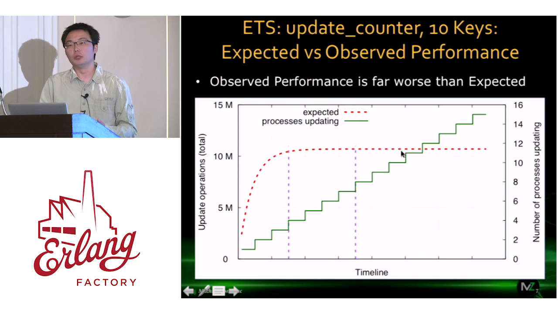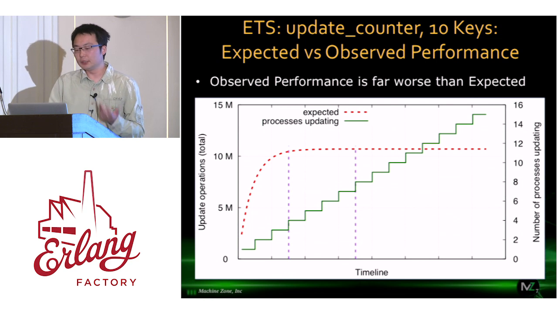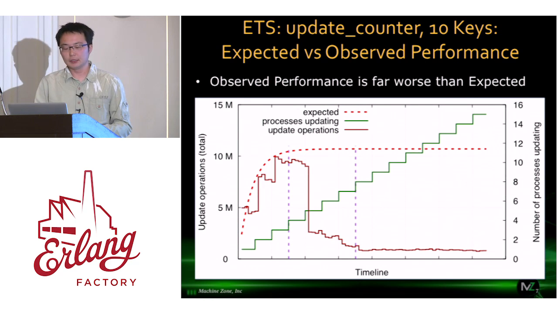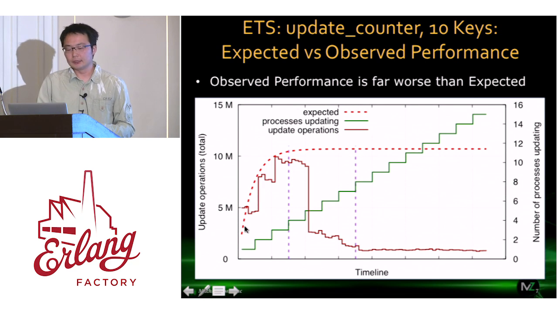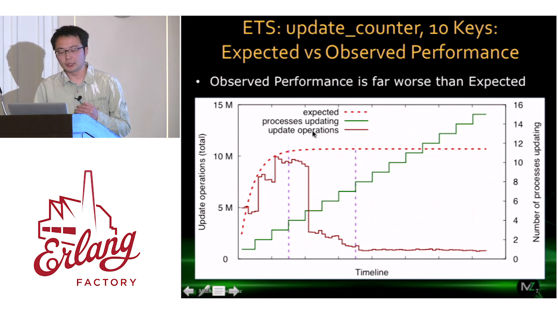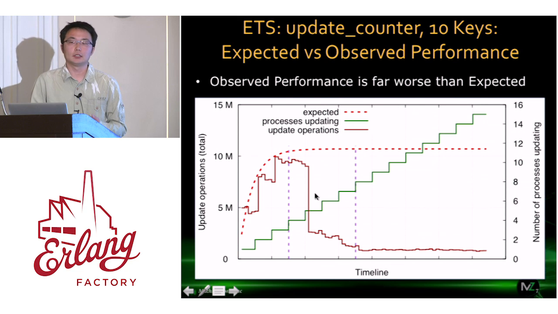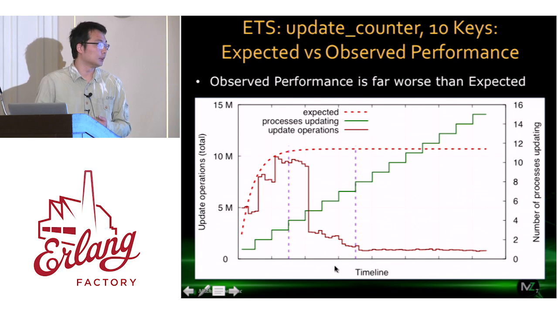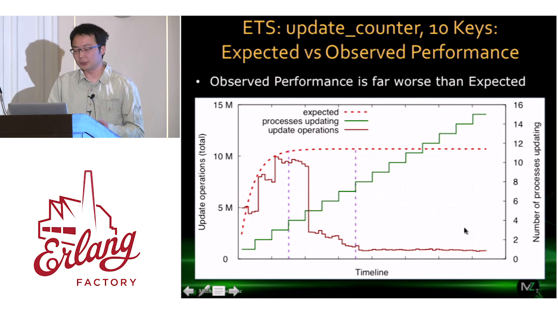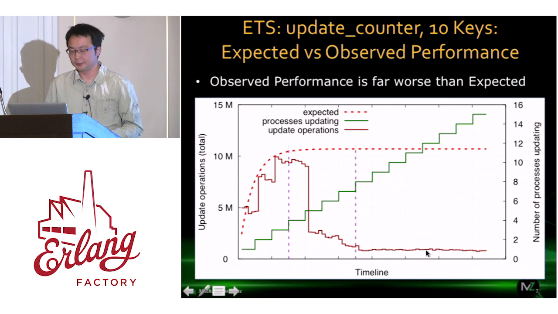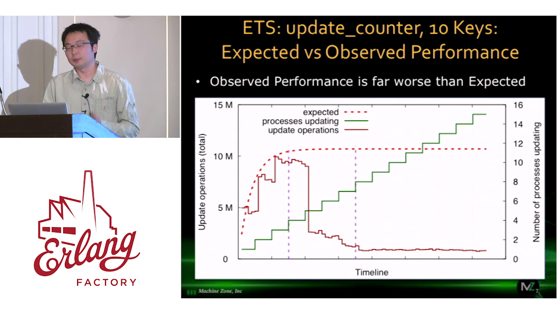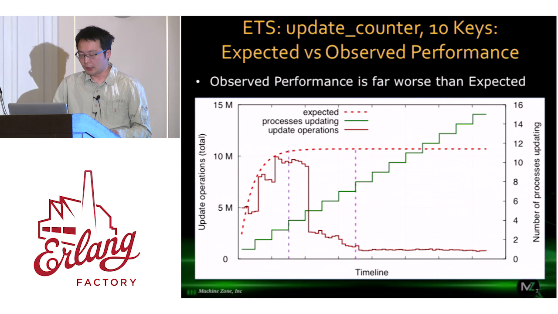And when we really ran the test, we got a result like this. As the number of processes increases, it goes steadily up, but then instead of saturating and keeping a high level like this, the performance has a sudden dip, and with an increased number of processes, we just have worse performance. So this is an experiment on 10 keys.